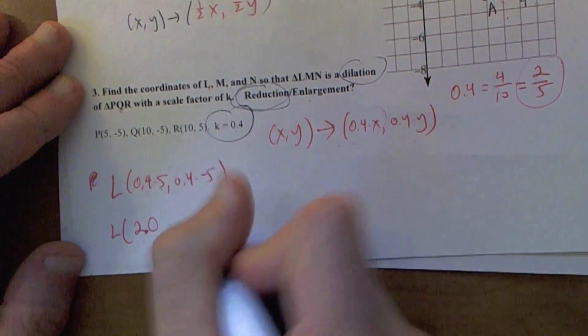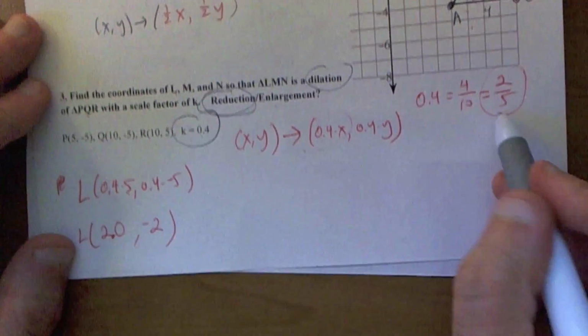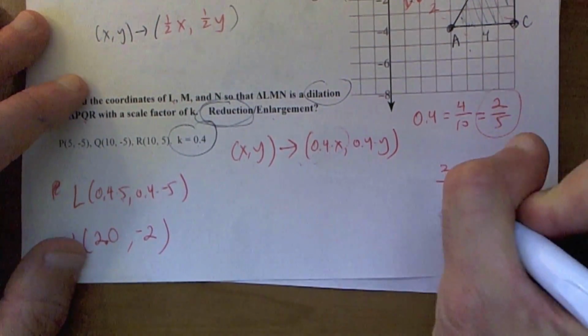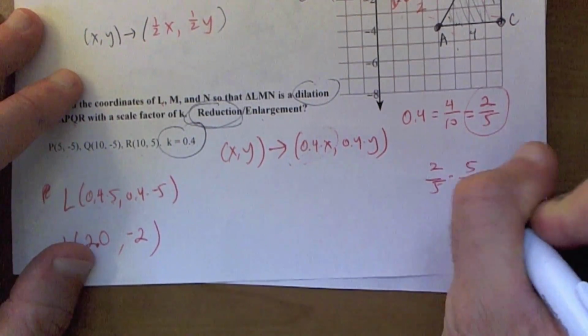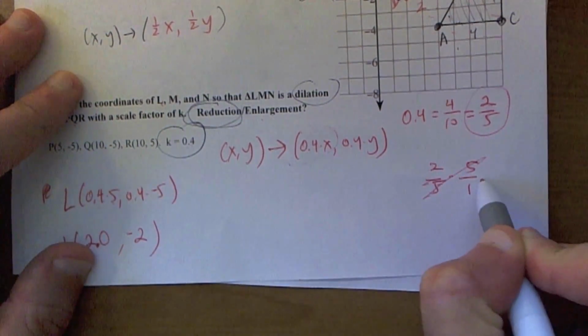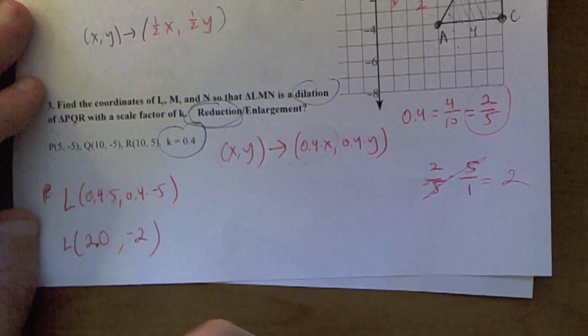And so 0.4 times -5 would be -2.0, or -2. If I use the fraction, that would also work. 2/5 times 5 over 1. 5 over 5 is just 1, I can cross that out, and I'm left with 2. So either way, that works.